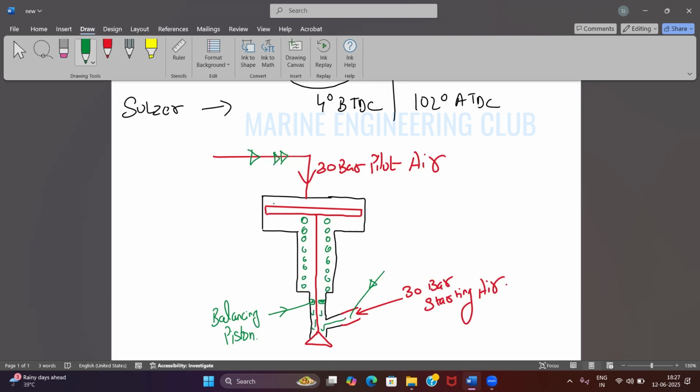When this 30 bar comes, it will act on the larger area. So the force acting over here will be pressure into area. Area is large, so the force will push my piston down, the main piston. This is the main piston. This is a spring, a hard spring.